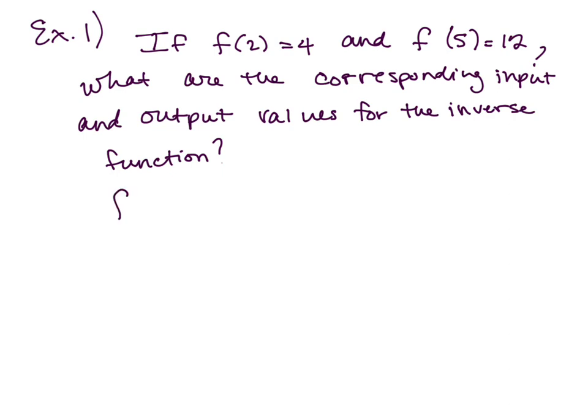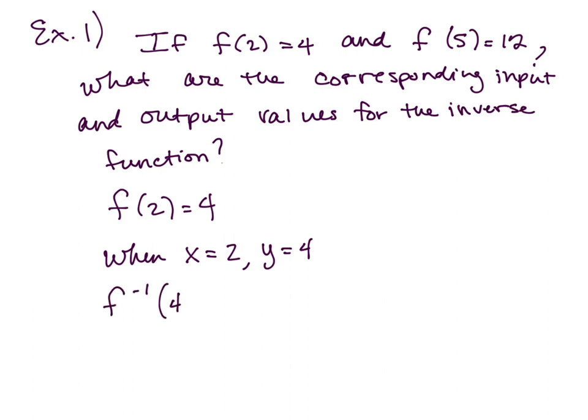So let's start off with f of 2 is 4. What this means is when x equals 2, y equals 4, right? That's what that says. F of 2 equals 4. When x is 2, y is 4. Well, f inverse of 4 is, anyone want to take a guess? 2.